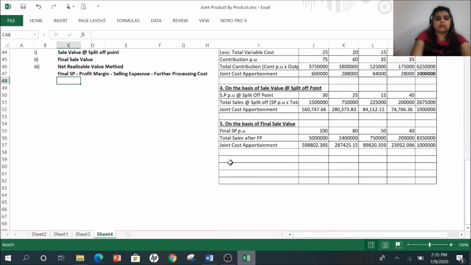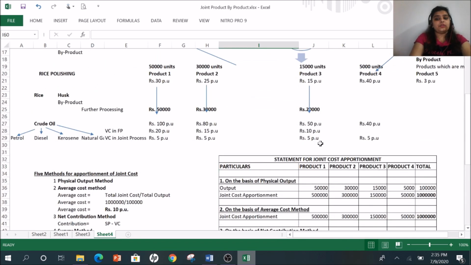So let us see how this method works. On the basis of net realizable value. Now for this we have to do some additions to the cost.